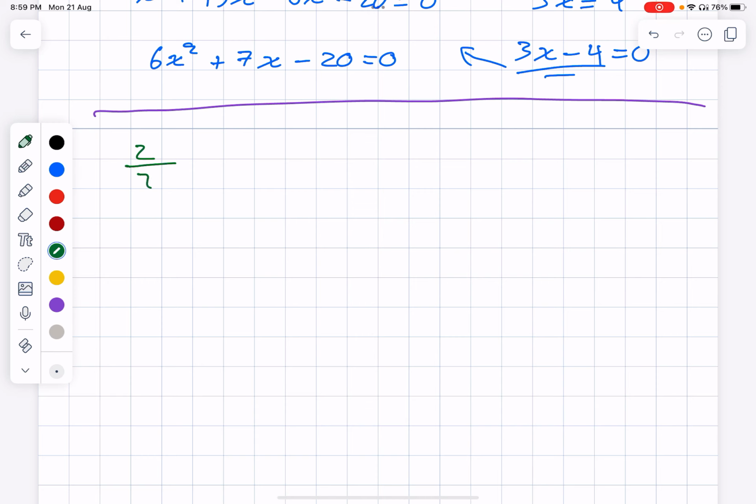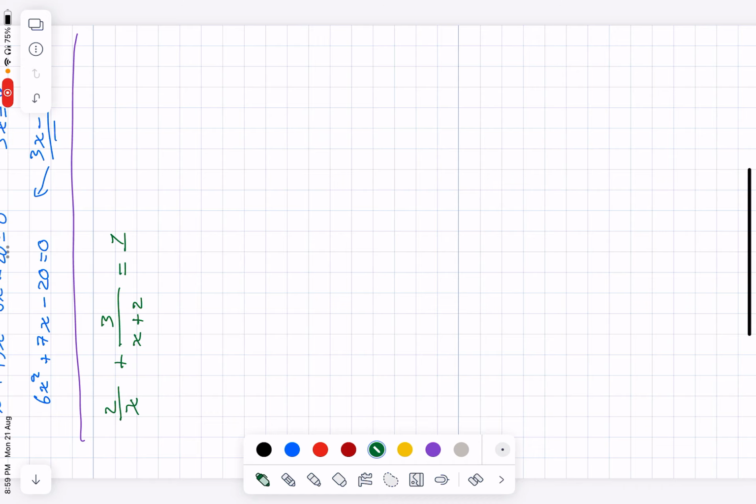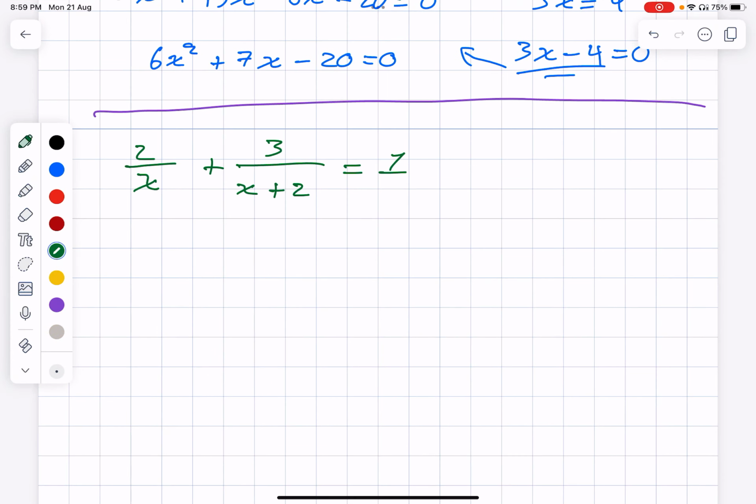2 over x plus 3 over x plus 2 equal to 1. Now they will ask you to give them the value of x in this scenario. As you can see, they're not giving you x squared plus 3x minus 10 equals 0.